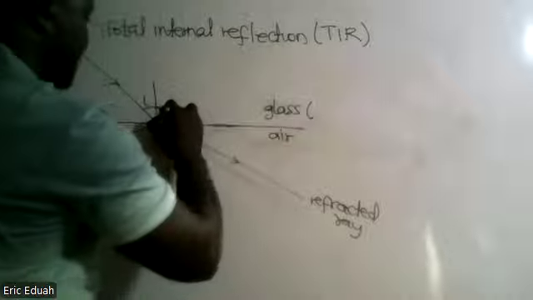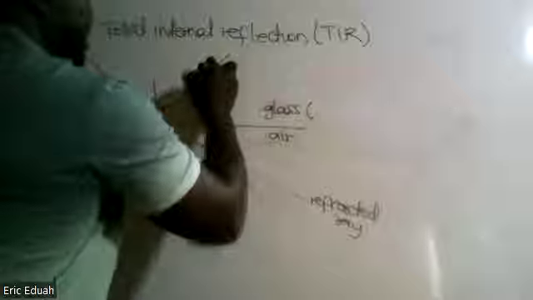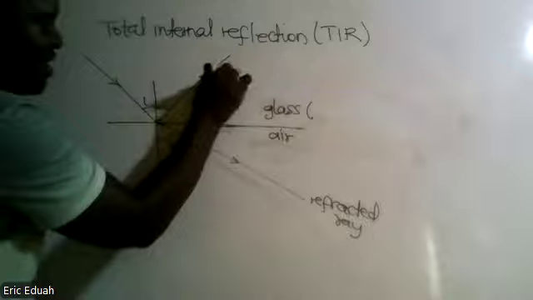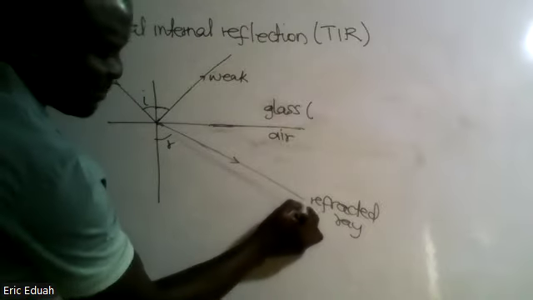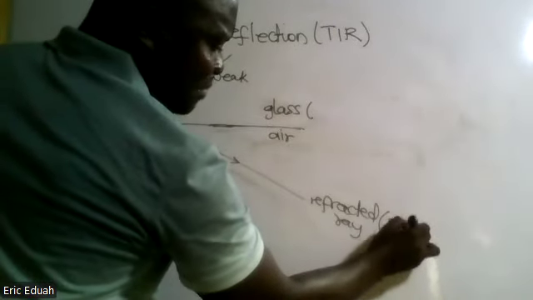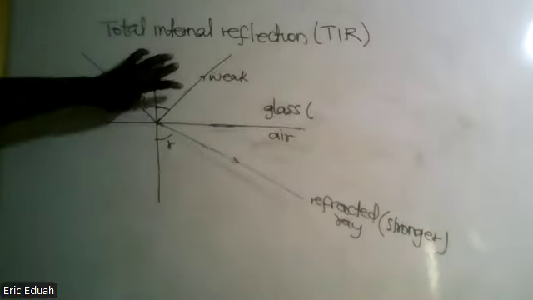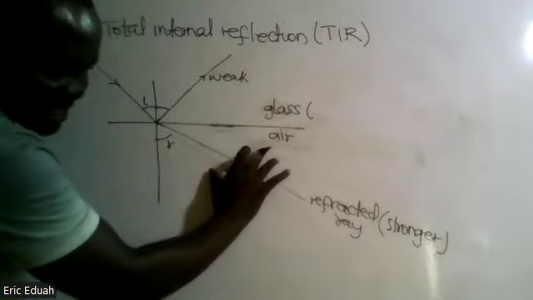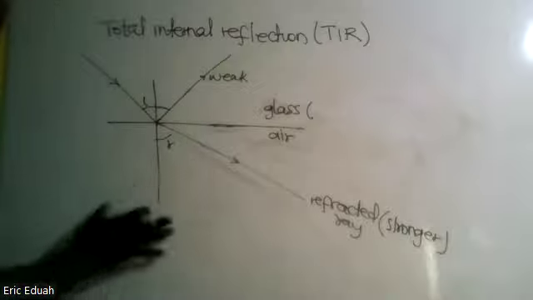Reflection also occurs, but the reflected ray becomes a weak ray, whereas the refracted ray becomes stronger or brighter. This is because this is glass. The greater percentage of the incident light will be refracted, and a very small percentage will be reflected.